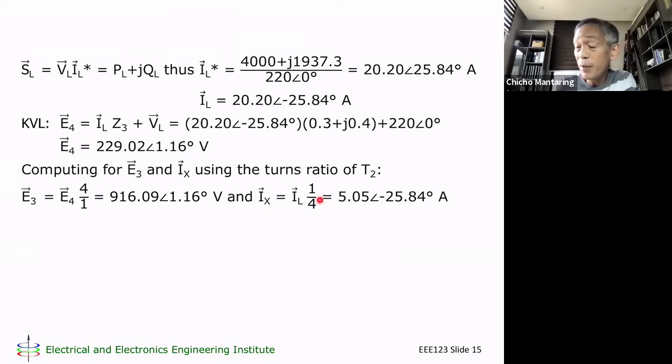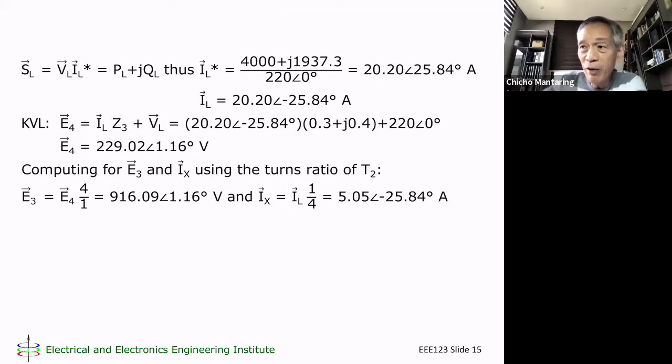And then I can also compute for I of X. Using the formula, I of X over I of L is equal now to N2 over N1, no? Not N1 over N2. And I of X will now be 5.05 at the same angle as I of L, minus 25.84 degrees. Okay, just a tip, no?